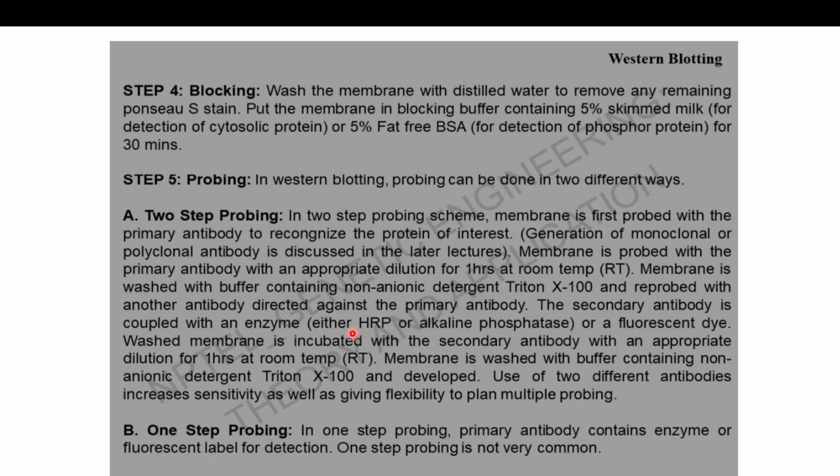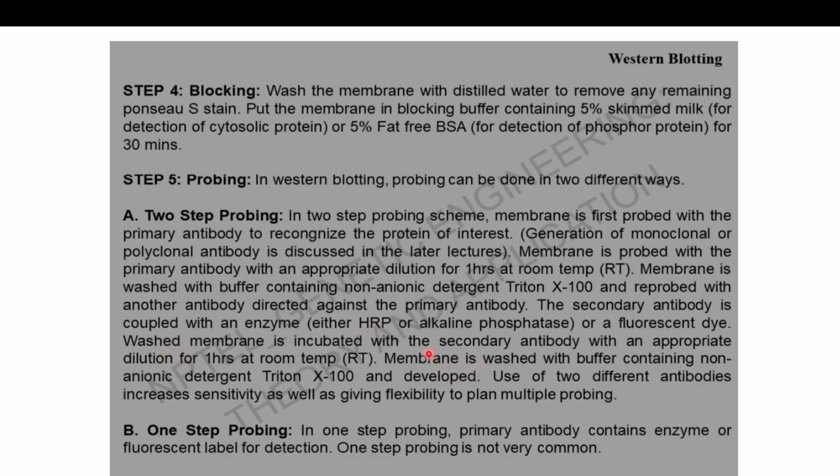If it is conjugated with an enzyme, you have to add the appropriate substrate and let the chemical reaction take place. For example, if a luminescent substrate is used, it will emit a signal after the reaction has taken place.